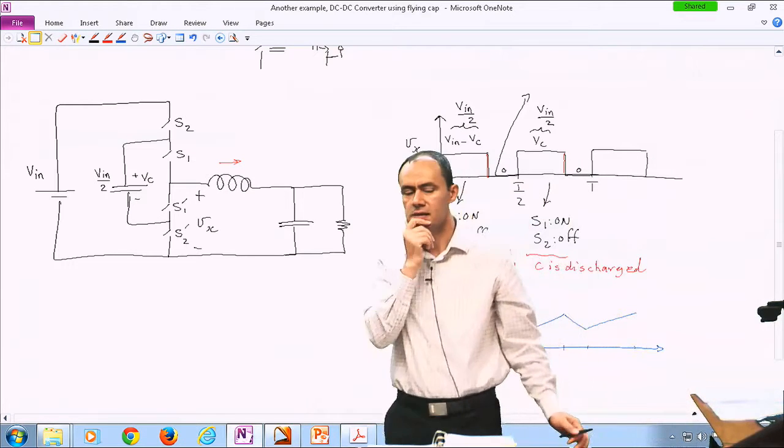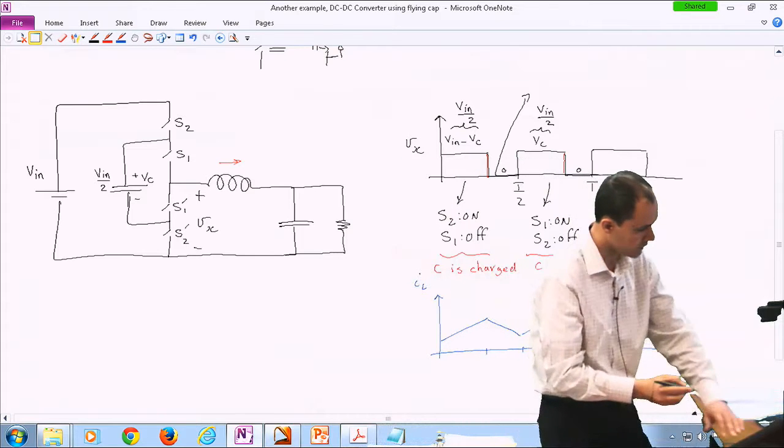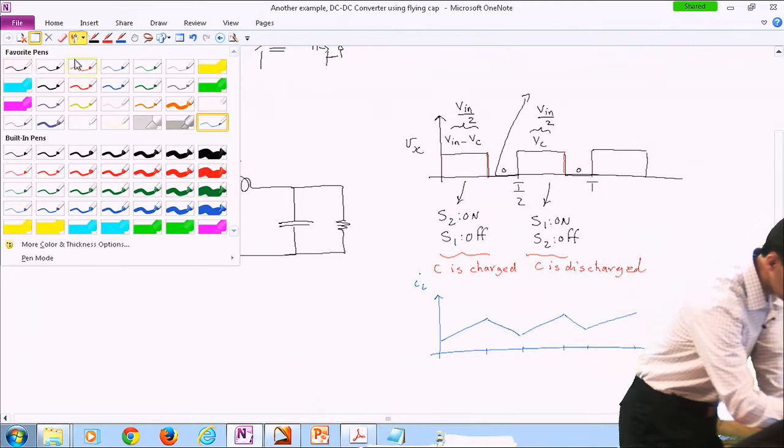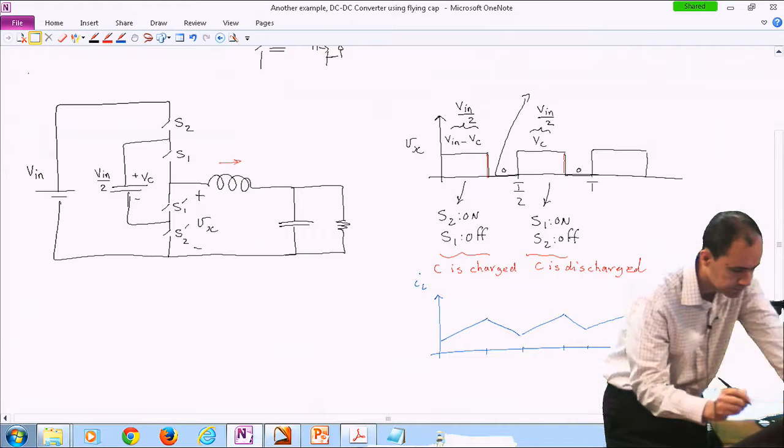As far as the voltage transfer ratio is concerned, let's take a look at that.